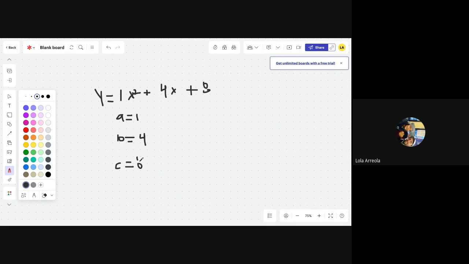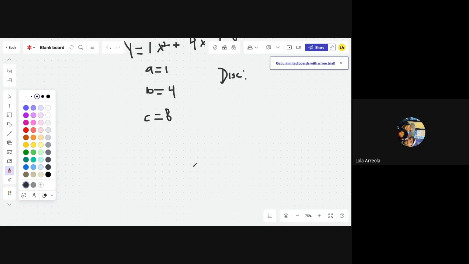Now, before I use the quadratic formula, what I need to know first is the discriminant. The discriminant is a part of the quadratic formula. So let me write down the quadratic formula, which is x is equal to negative b plus or minus the square root of b squared minus 4 times a times c.